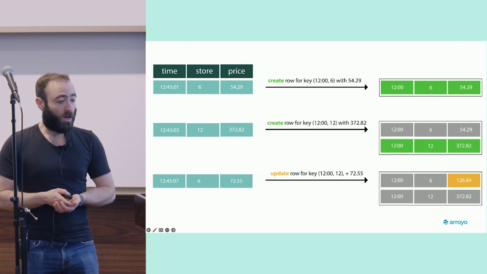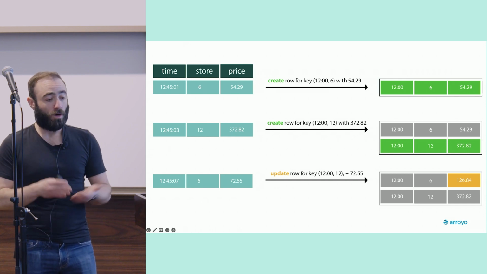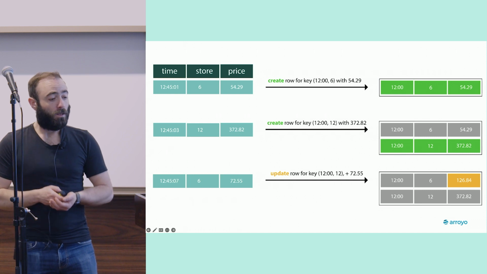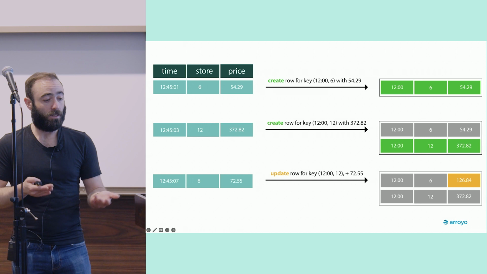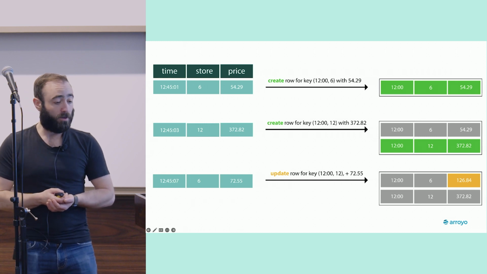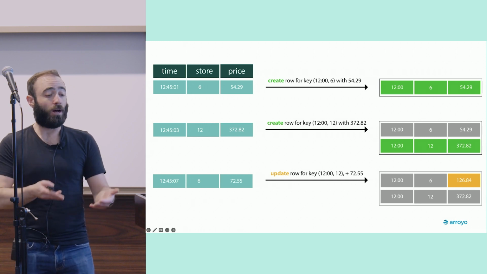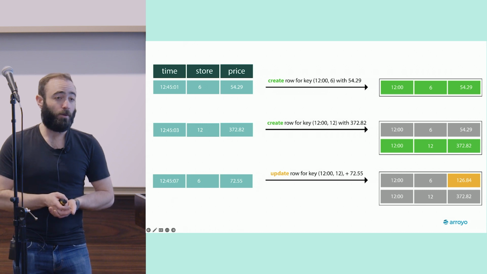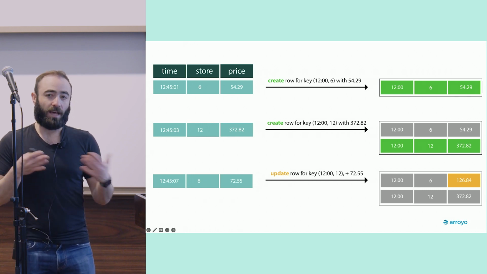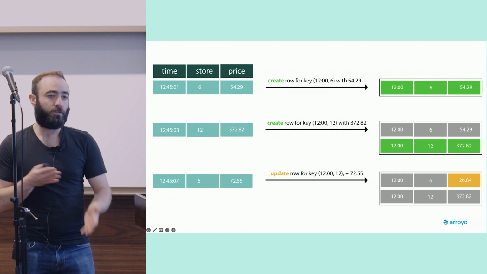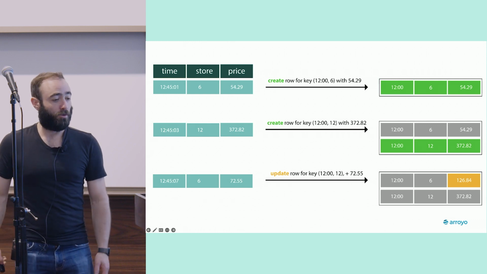When we see another store ID, we're going to create another row for that store ID and hour. And then when we get a new record for a store ID and hour that we've already seen, we're going to update the existing value in our database with that new data. So you can see as we get in all the data for this hour, it slowly converges to the correct result.